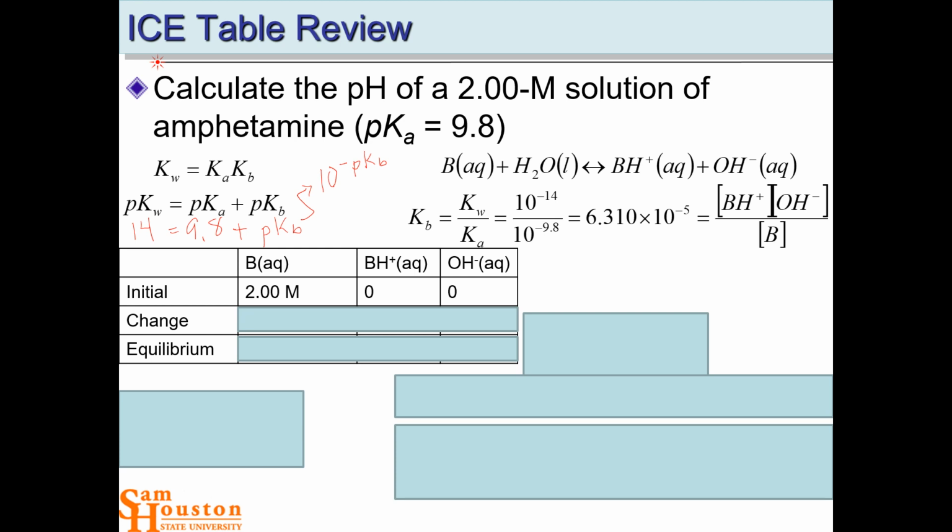So then we set up our ice table. We have a 2 molar solution of our base. So if we sort of imagine initial conditions of 2 molar concentration of base, 0 molar concentration of BH plus, 0 molar concentration of OH minus, and then what's the change? That's when we do the X's. And so the X's have pluses and minus signs in front of them, and where do they change sign?